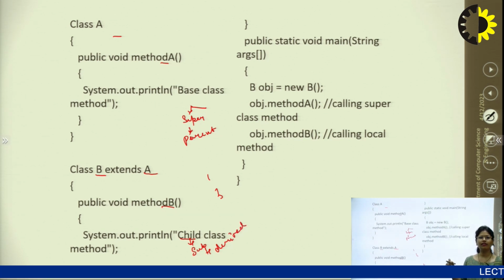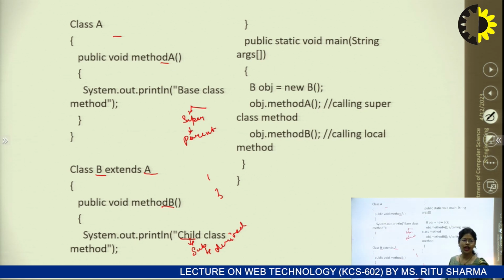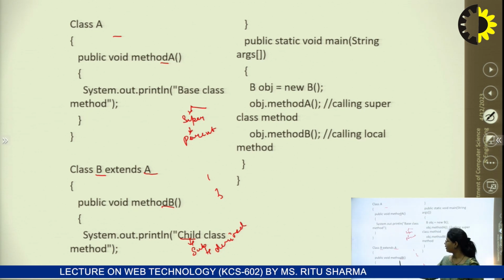So whenever we talk about base, the counterpart is derived; super has the subclass, and parent has the child class. In method B I am printing the child class method.